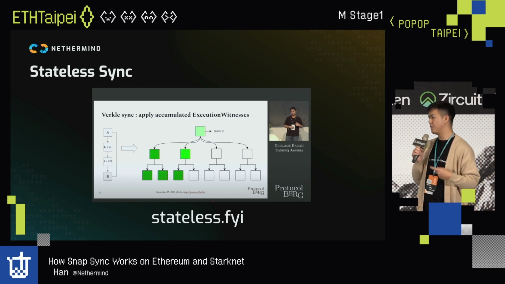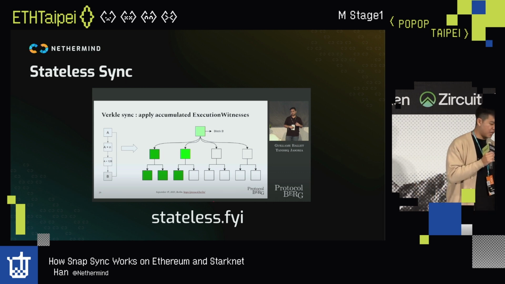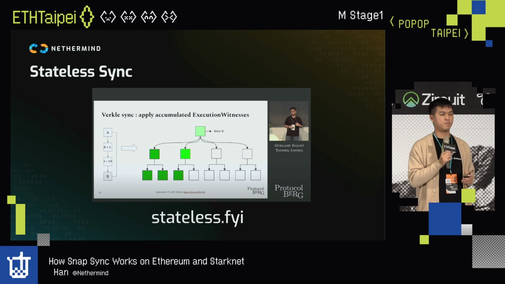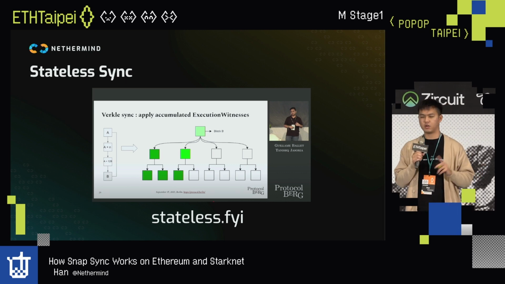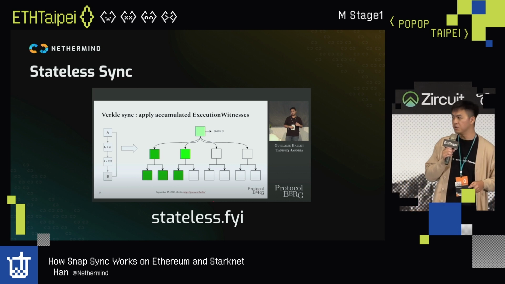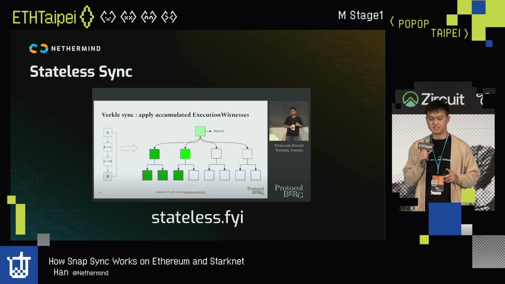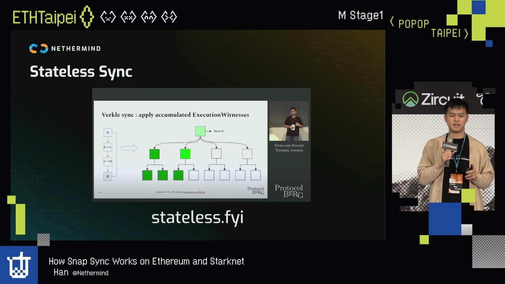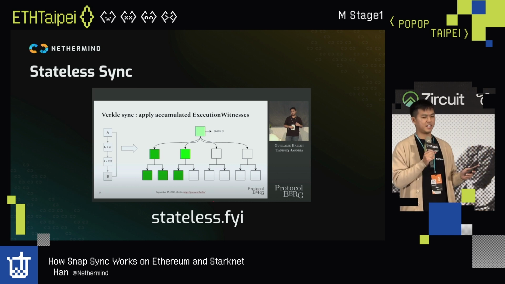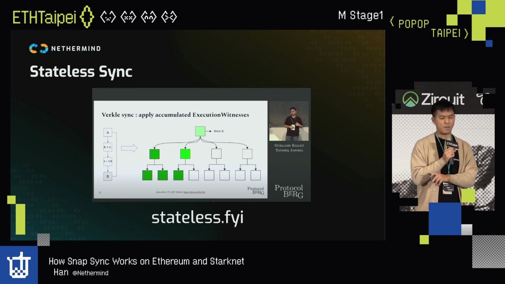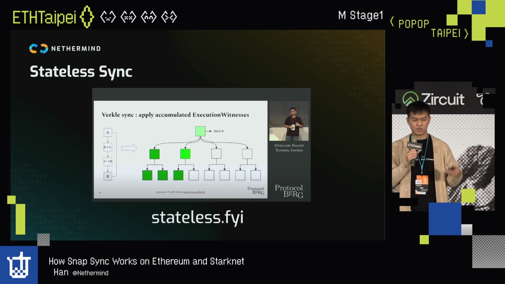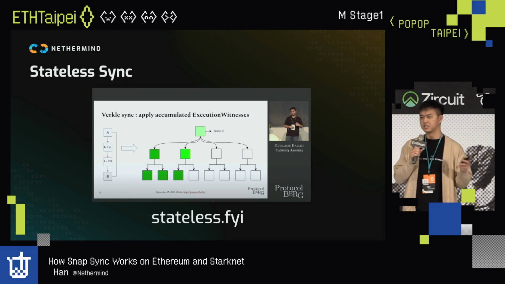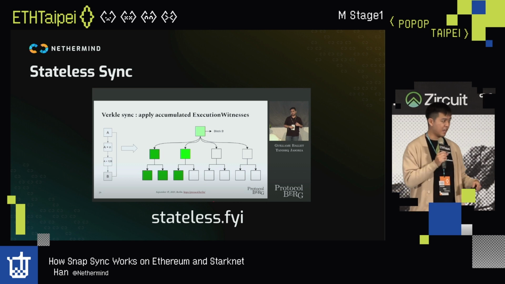So how do we make sense of this? So in the future, very near future, maybe 2 years or 3 years, or even this year, we might have some demo. How stateless clients will work is that anyone can basically take a block without any prerequisites. You can execute the block and progress with the chain.